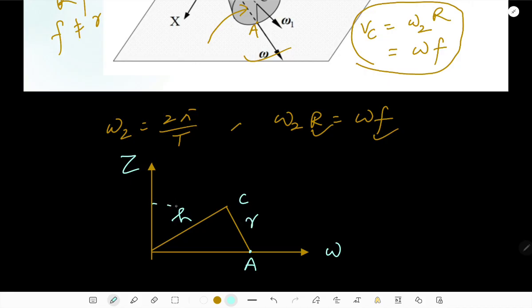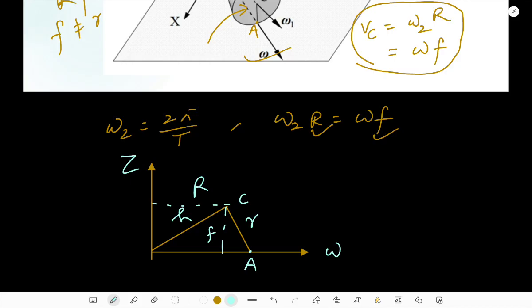This is the capital R I mentioned earlier, and this is the f: the height, the center of the cone, and the radius. The base of the cone is not vertical, because the cone is put on the horizontal surface.